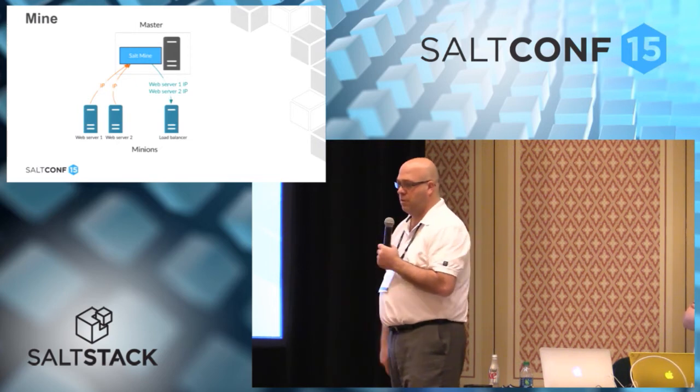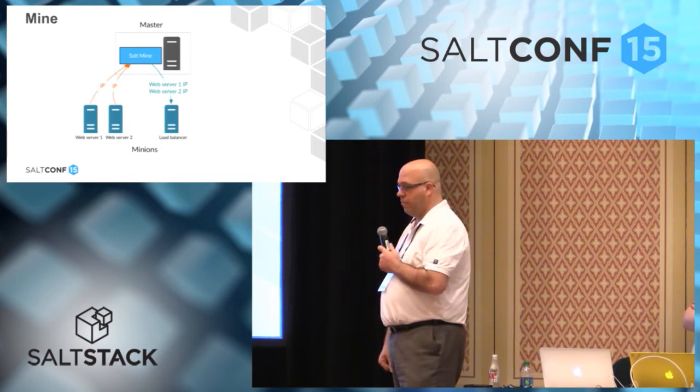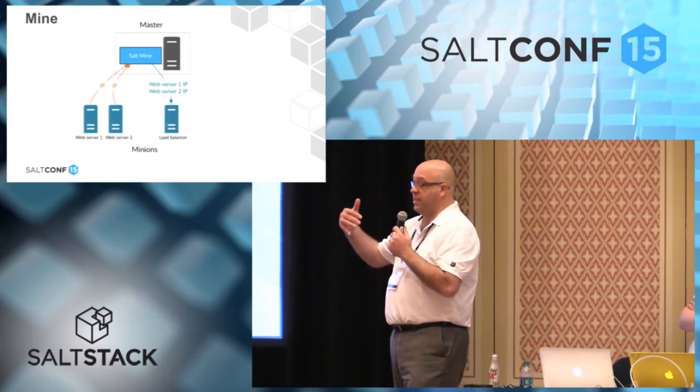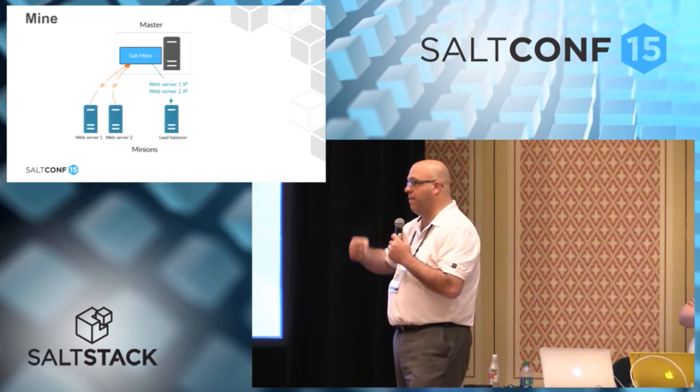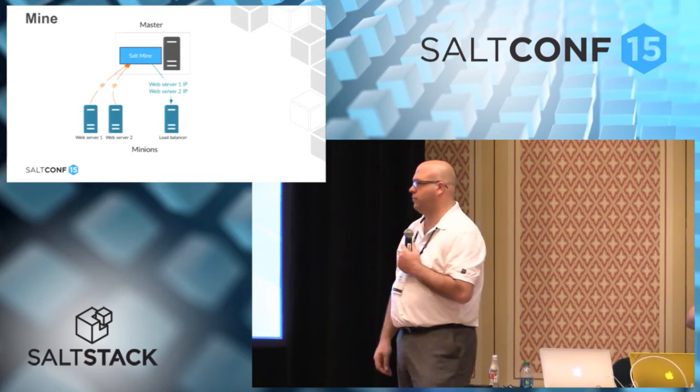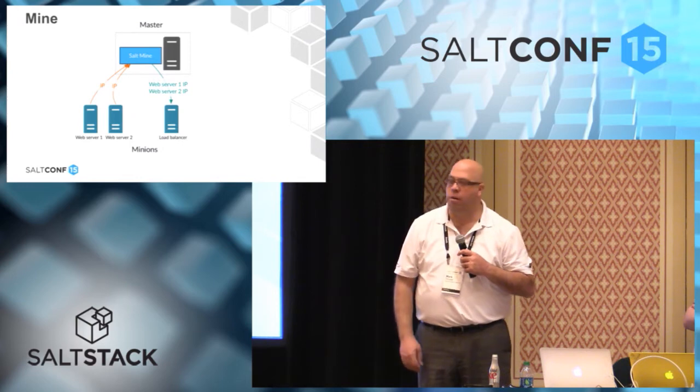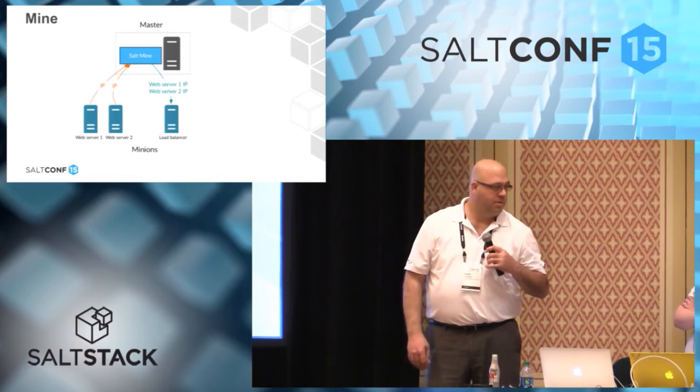I think what she's asking is whether there's a way to say that only the load balancer can get the IP addresses. I believe all minions have access to the mine, but again, the minion needs to be told to go gather that. So it's not a place for secure data that I know of. But all right.